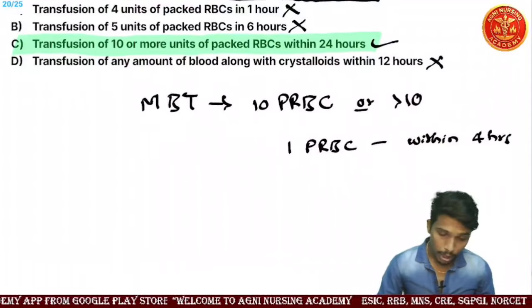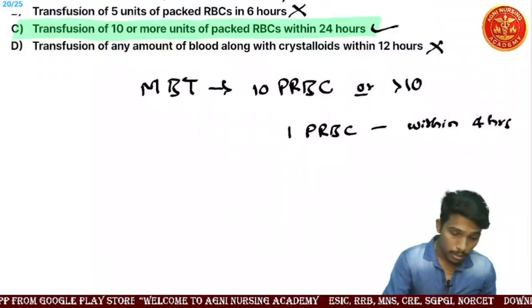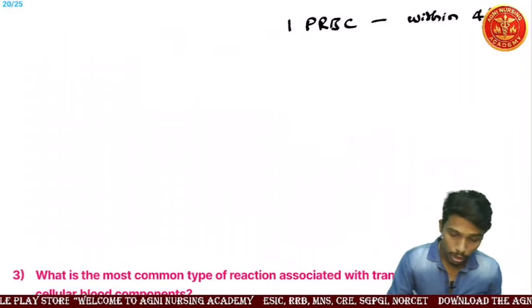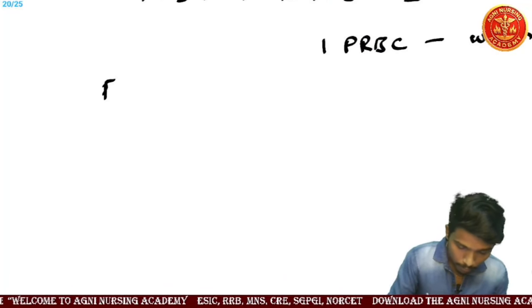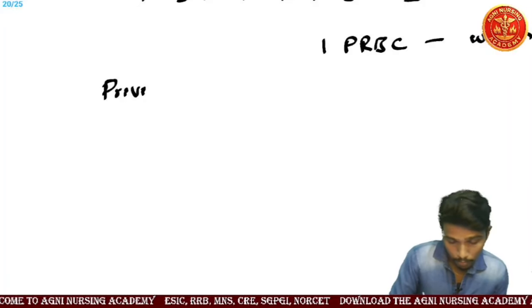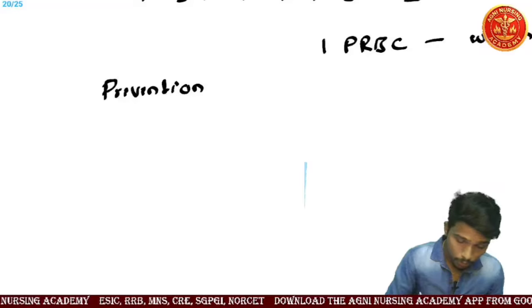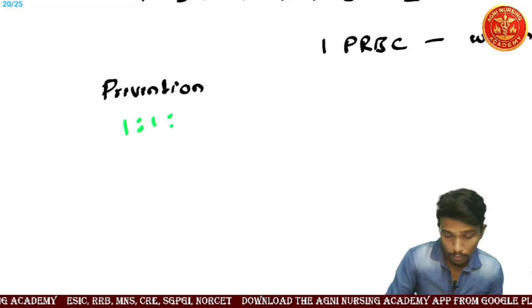Okay, then how can we prevent this massive blood transfusion? There is a formula to prevent massive blood transfusion, that is 1:1:1.